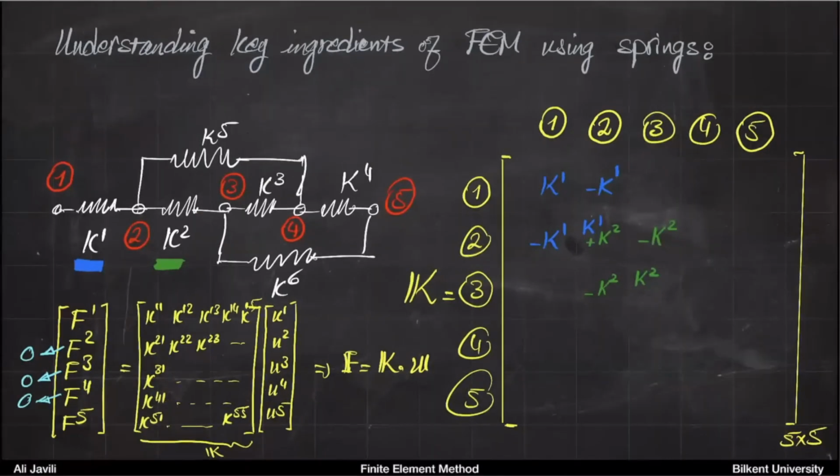So we come to spring 3, so this one, and I'm going to use orange for that. So spring 3 or element 3 is between nodes 3 and 4.